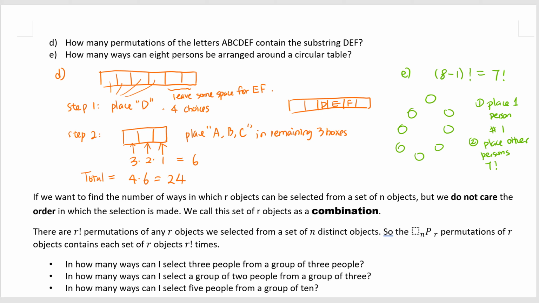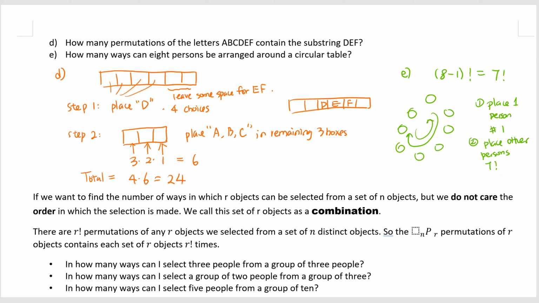In this case, we also consider the counterclockwise direction and the clockwise direction to be different arrangements. If you consider the counterclockwise and clockwise directions to represent the same arrangement, you're going to divide your answer by 2. This is just a couple of remarks.